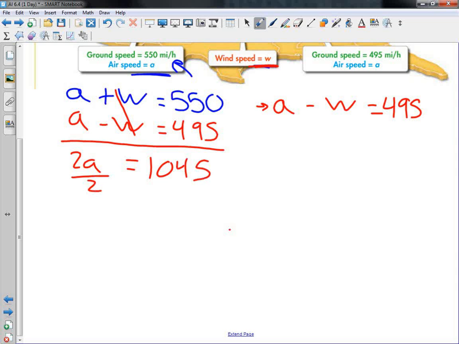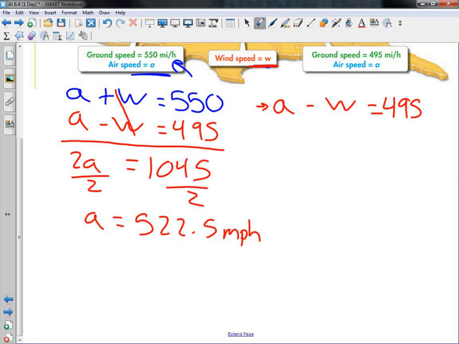Divide by 2, I get A is 522.5 miles per hour.